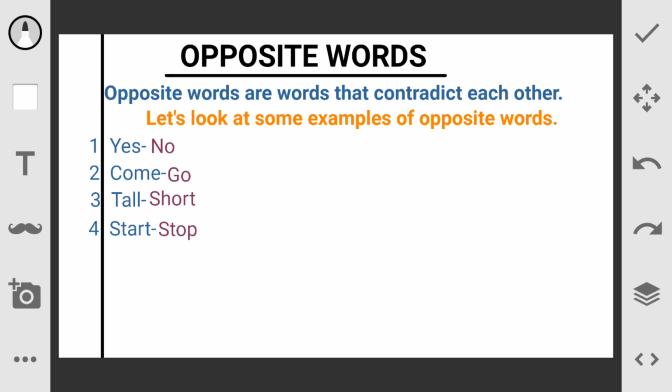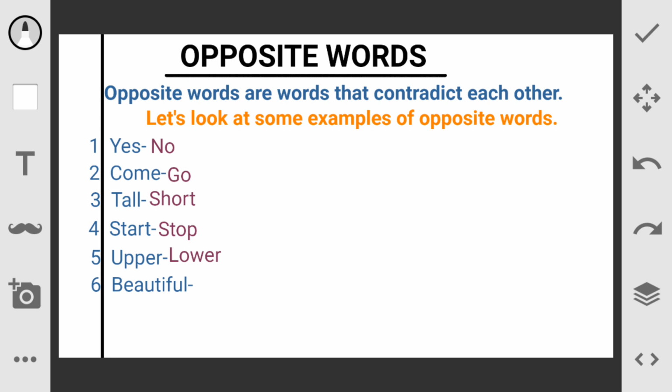Let's go to the fifth example, upper. What is the opposite word of upper? The opposite word of upper is lower. Now, what is the opposite word of beautiful?